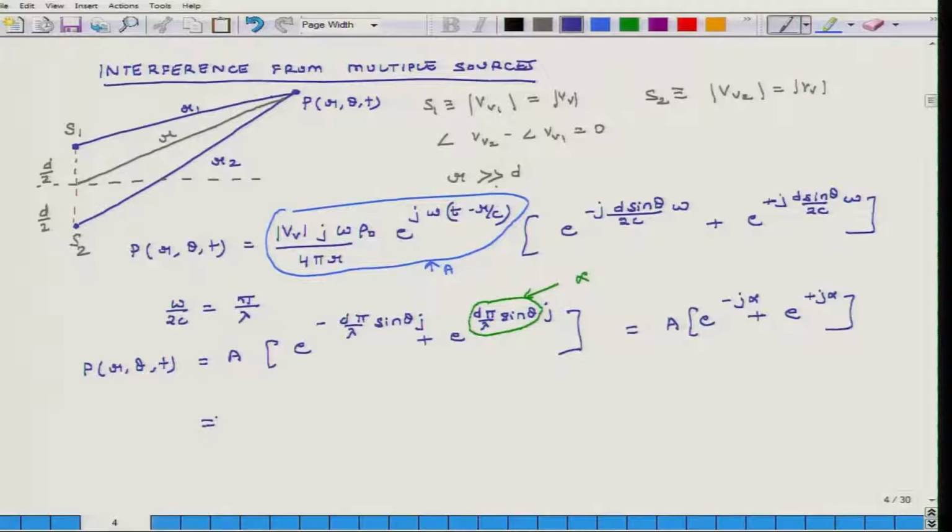The next thing is I take this expression, with e to the power of j alpha plus e to the power of minus j alpha in the parenthesis, and I do a mathematical operation on it. I multiply it by e to the power of j alpha minus e to the power of minus j alpha, and I divide it by the same thing, e to the power of j alpha minus e to the power of minus j alpha.